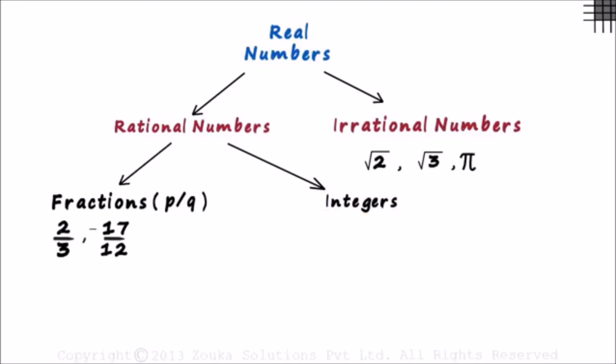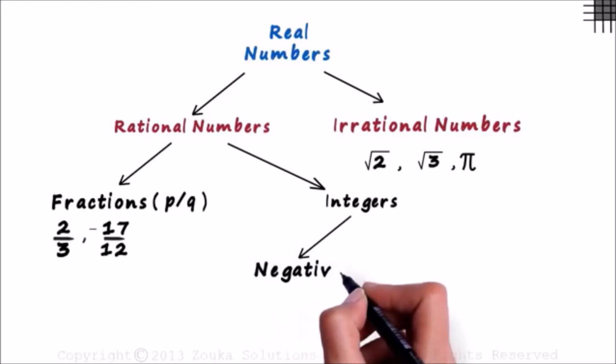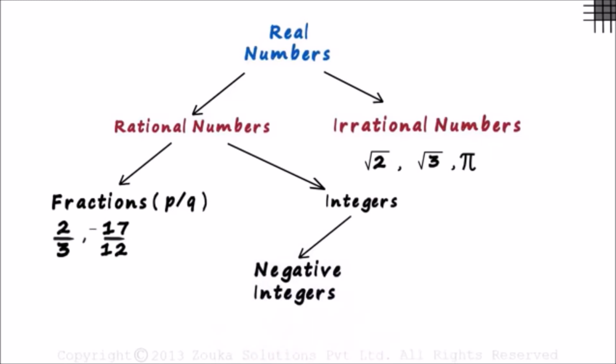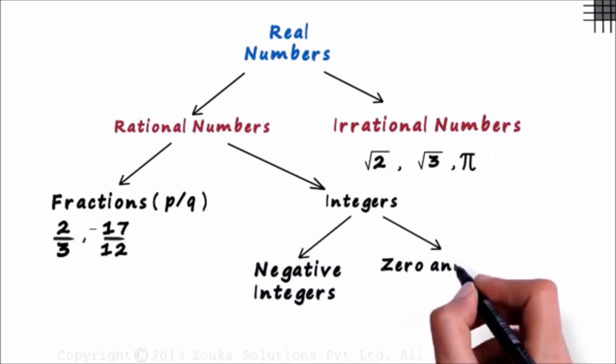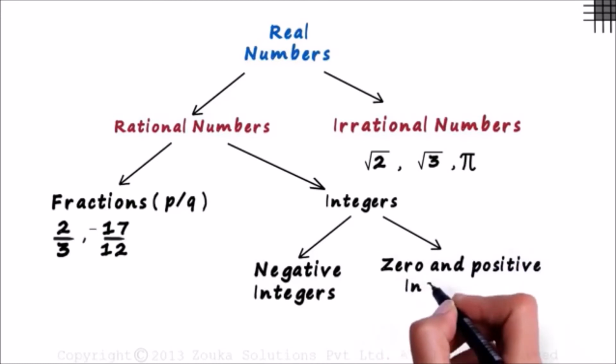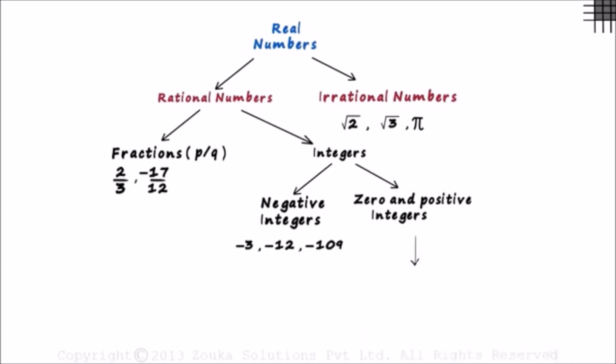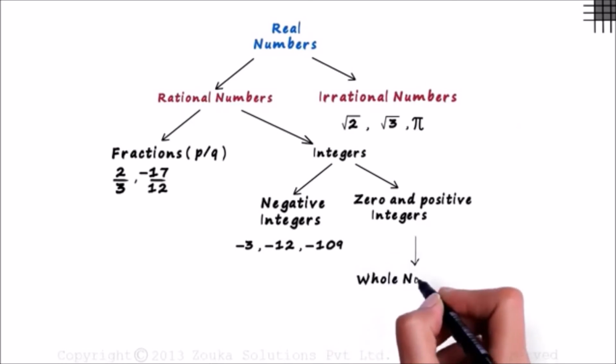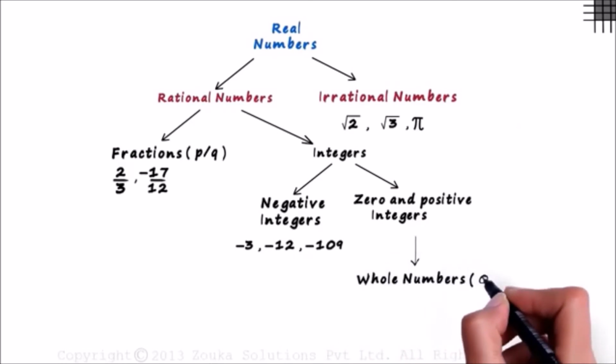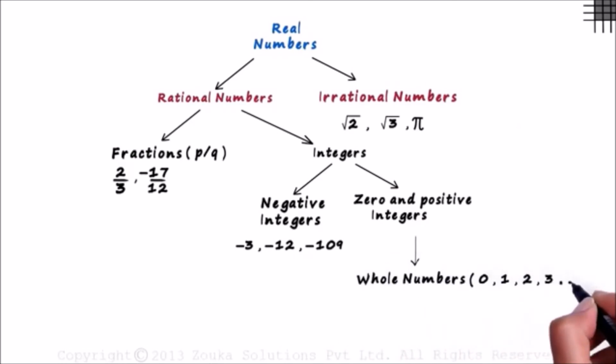They are also divided into two categories: the negative integers, and zero and positive integers. Now, negative integers are like -3, -12, -109, etc. Zero and positive integers are called whole numbers, which start with 0 and end infinitely.